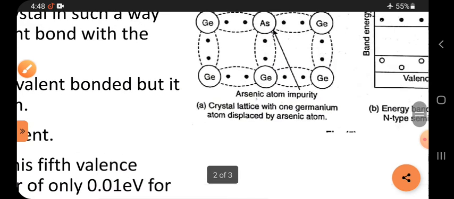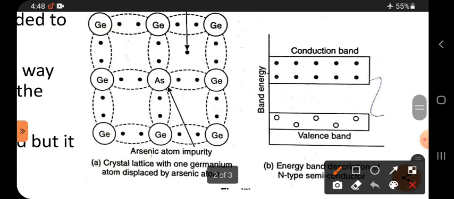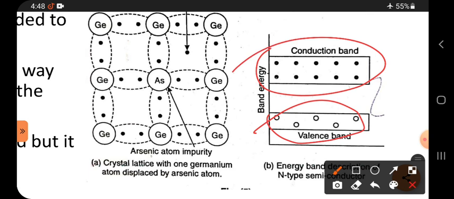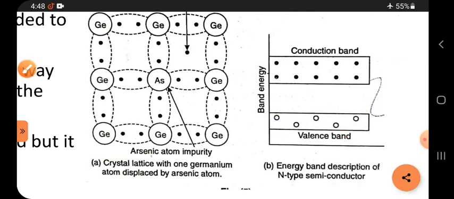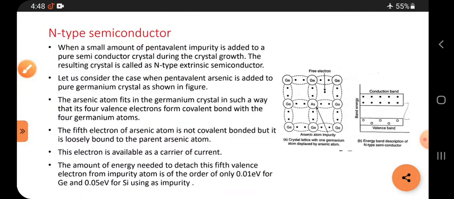That is also shown in the diagram here: fewer holes and more electrons are shown. A filled dot indicates an electron, and an unfilled circle shows a hole. So it is the conduction band and it is the valence band. In the conduction band more electrons are present, in the valence band fewer holes are present.